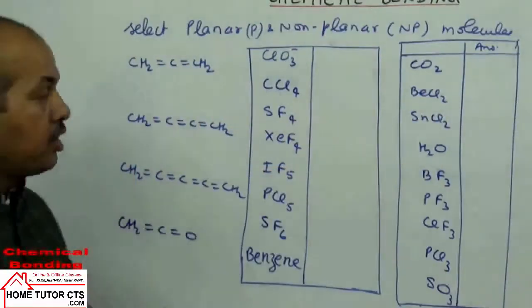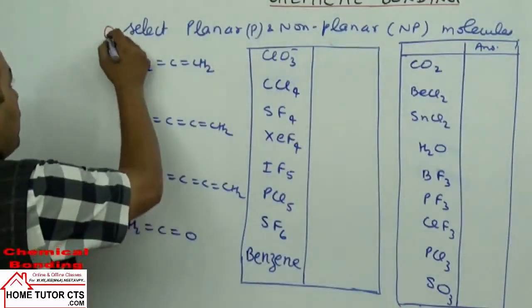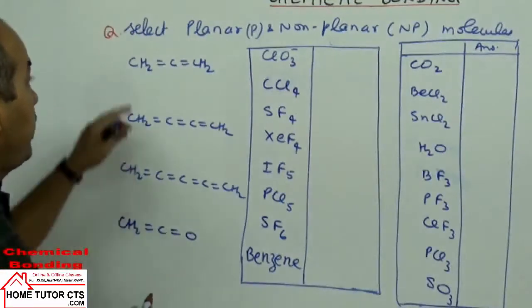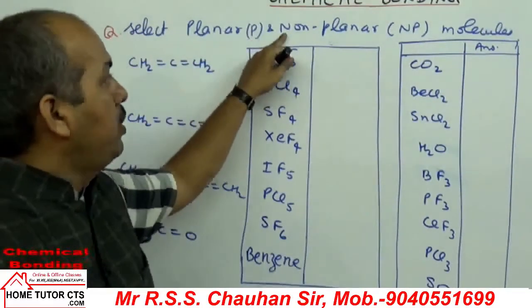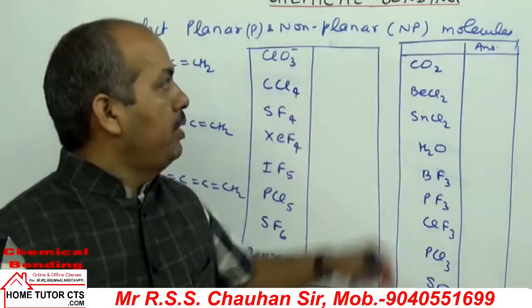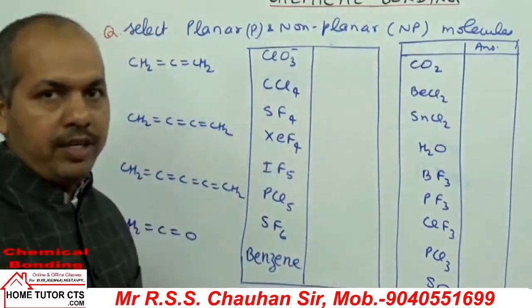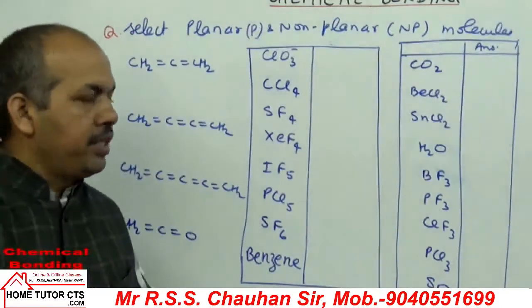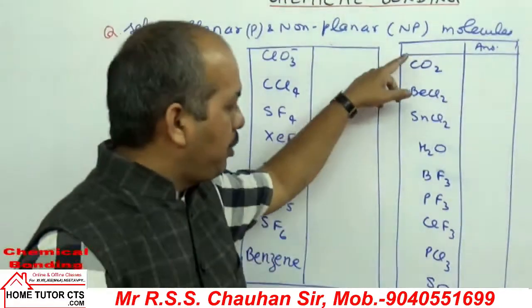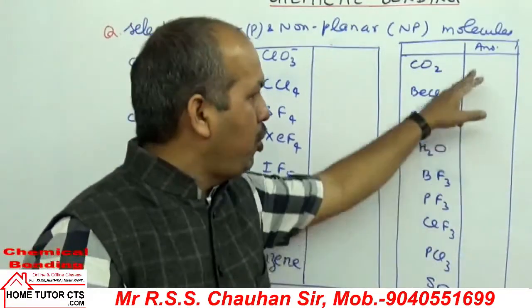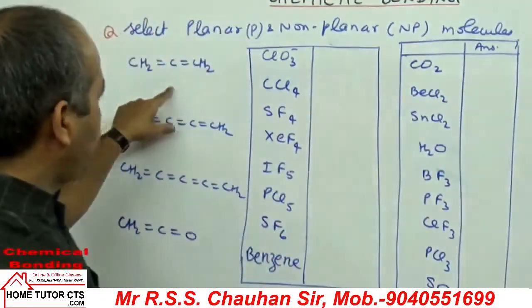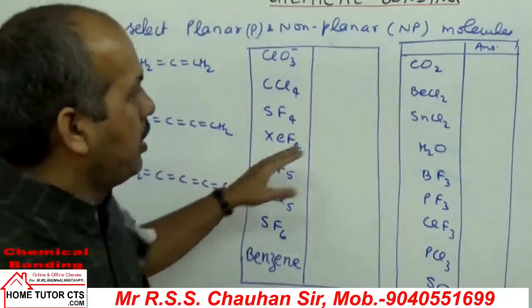Now one question is given to you. The question is: select planar molecules and write the symbol P, and for non-planar write NP, among the following. ठीक है? I made 2 columns here. In the column you put the answer P or NP, whatever you feel.